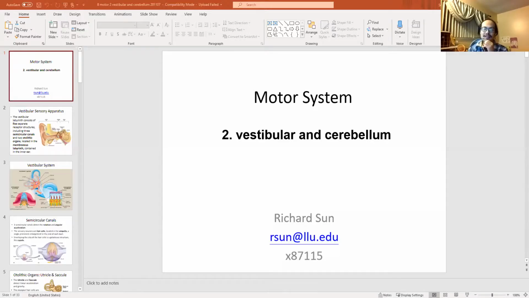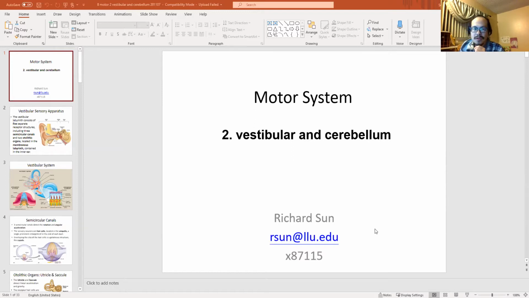All right, so we are going to reach the end of this course. This is the second to the last lecture. With this one, we will talk about the vestibular system and cerebellum. This is part of the upper motor neuron, the one that controls the lower motor neuron.